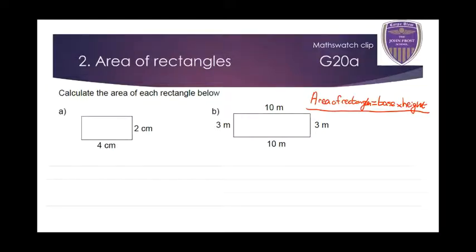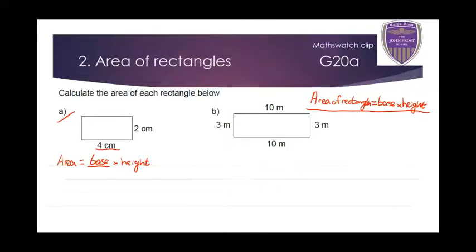Remember, the area is all of this space that the shape takes up, okay? So that's the area of the shape, okay? So let's work out question A first of all. So first of all, we need to do area. The area equals base times height.